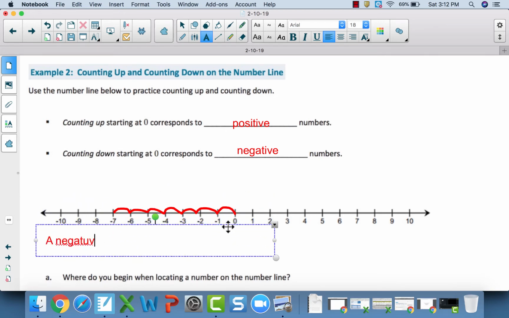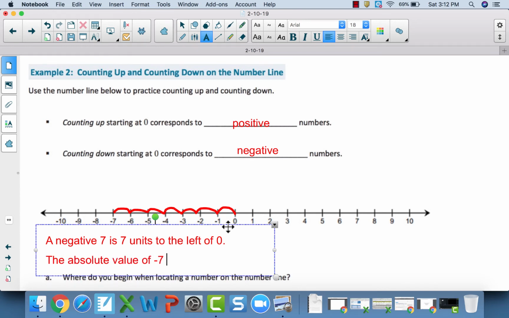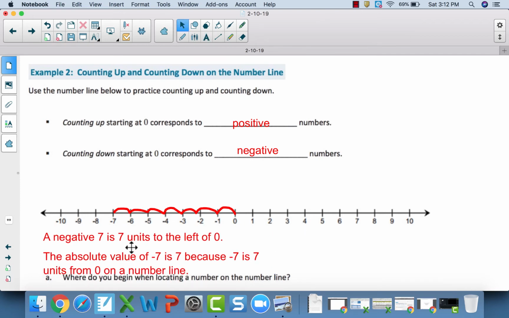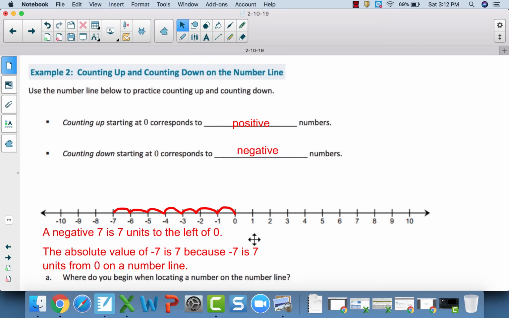Negative 7 is 7 units to the left of 0. Now, the absolute value of negative 7 is 7, because negative 7 is 7 units from 0 on a number line. Make sure we make those distinctions. There's a difference between absolute value and just the number's value by itself.